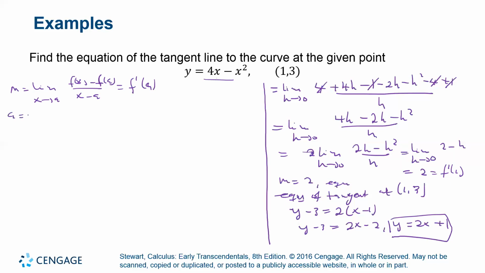Since a is equal to 1, because of the point, your f prime at 1 is the limit x goes to 1 of f of x minus f of 1 over x minus 1.